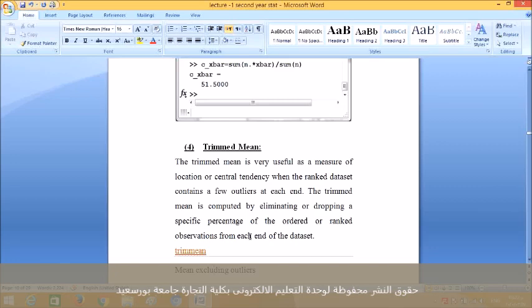to compute the trimmed mean by MATLAB program, you have a function trimmean, mean excluding outliers.